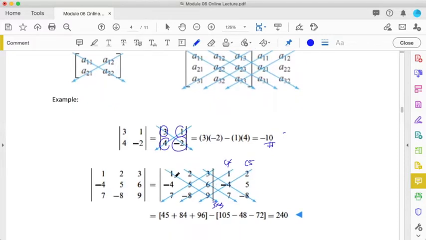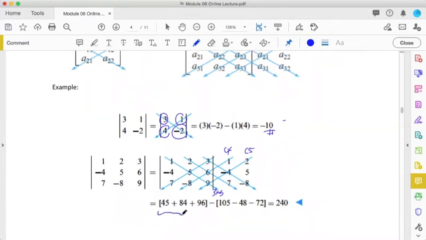Then you multiply, and you can indicate the flow of these coefficients by arrows. You have the arrows going down to the right-hand side and going down to the left-hand side. For this part you have the arrows going down that side, and for that part, the arrows going down that side. If you subtract these two, you get 240. So that is your determinant.